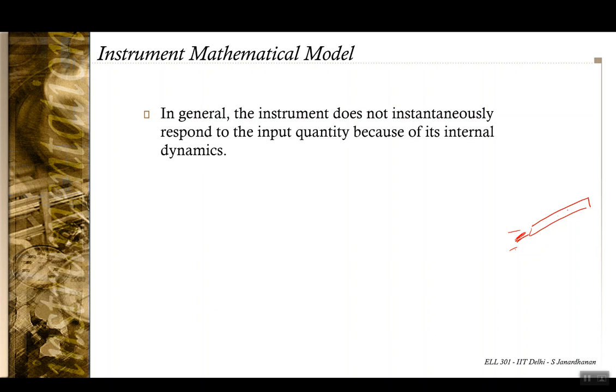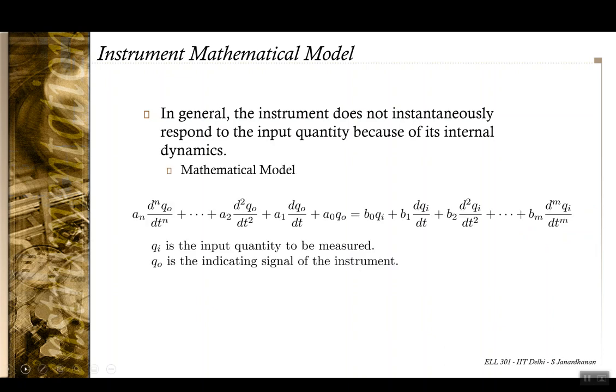You have to wait for some time for the reading to settle to a certain value. So it is clear that the response or the actual reading doesn't come out instantaneously. Okay, and that is due to some internal dynamics of the instrument, of the thermometer in this case.